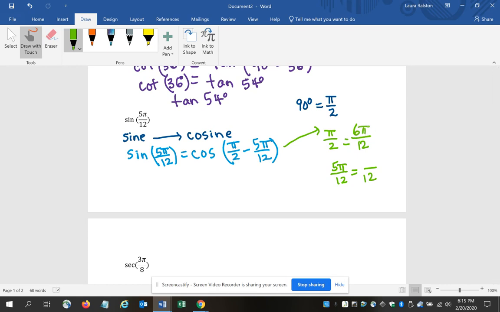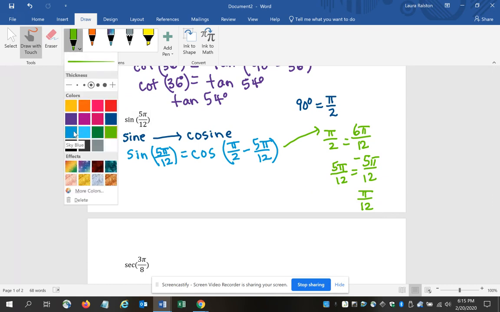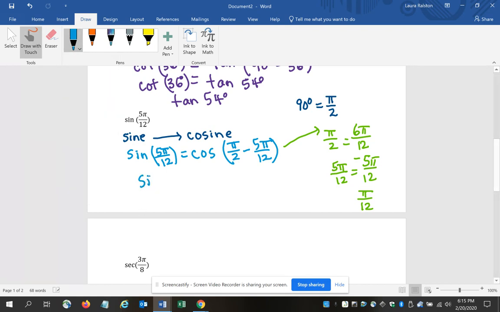So I have 6 pi in the numerator. 12 times 1 would give me 12. And 1 times 5 pi is 5 pi. If I subtract those, we end up with 1 pi over 12. So in terms of my formula, you would have the sine of 5 pi twelfths equals the cosine of pi twelfths.